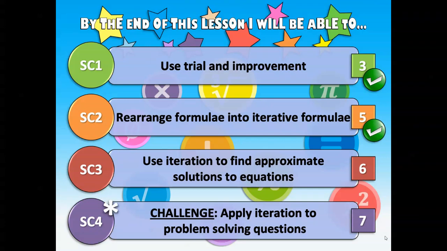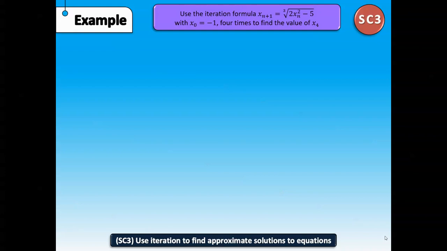So now we're going to move on to number 3, and this is to use iteration to find approximate solutions to equations. So this question says use the iteration formula x_{n+1} equals the cube root of 2x_n squared minus 5, with x_0 equals minus 1, 4 times to find the value of x_4.